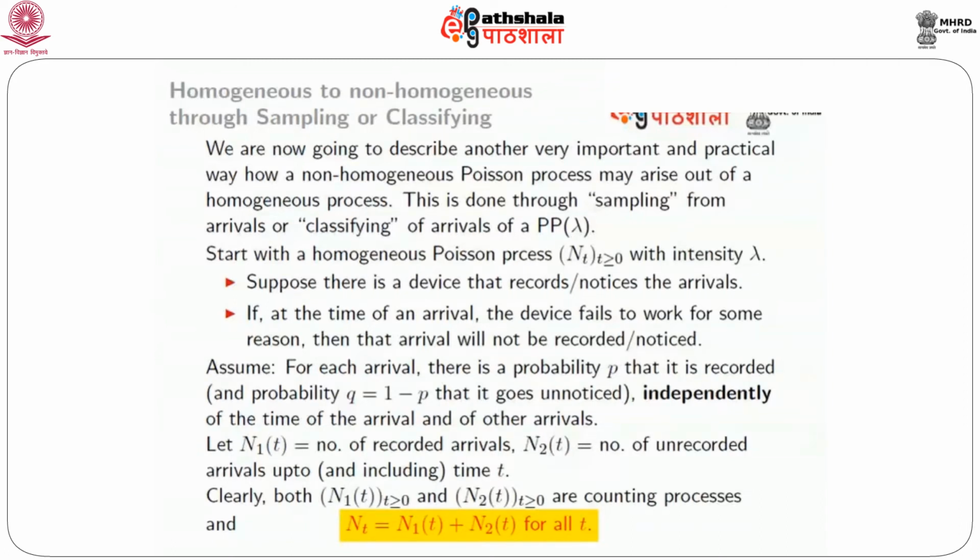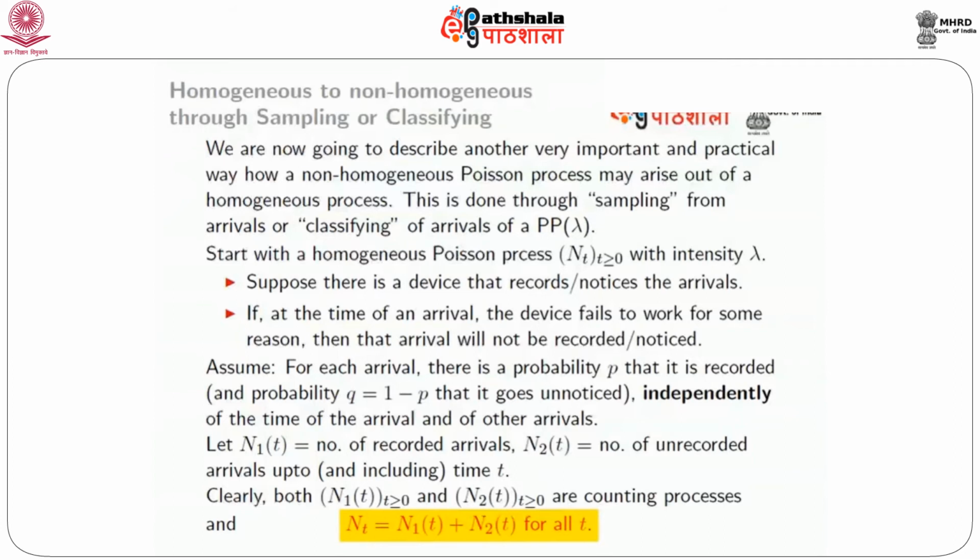Let N1 t denote the number of recorded arrivals and N2 t the number of unrecorded arrivals up to and including time t. Notice that if all arrivals were recorded, that means p is 1, then of course N1 t is the same as the original N t. But in case p is not equal to 1, not all arrivals would be recorded, and therefore N1 t may not be equal to N t.